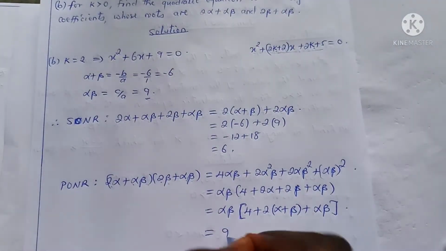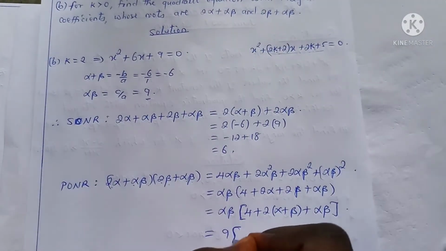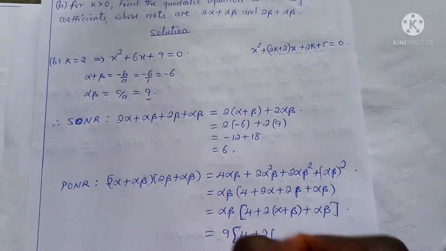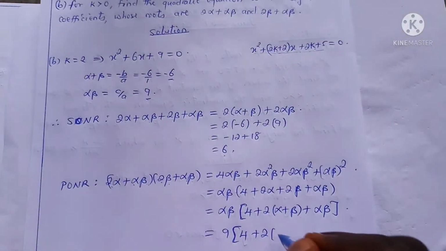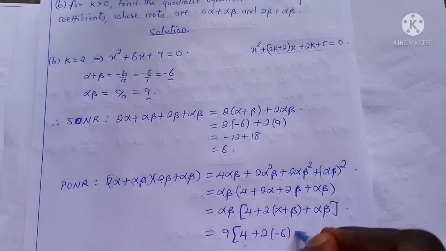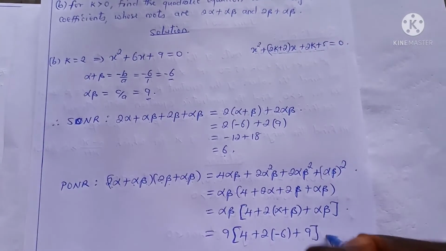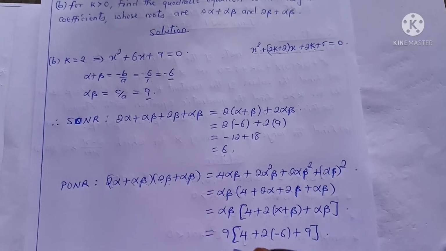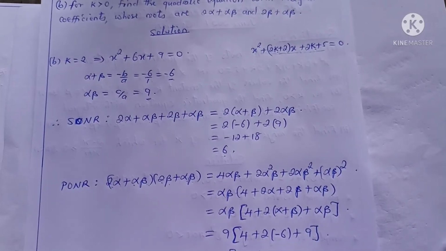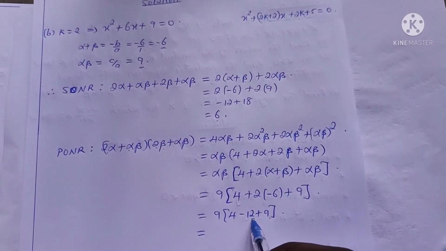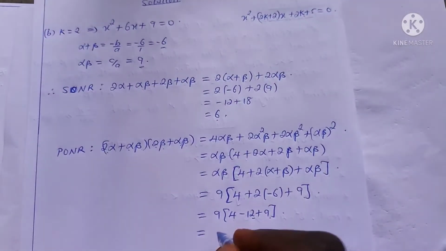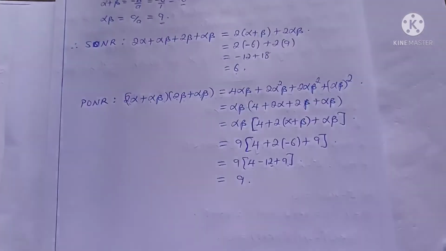So this is equal to 9 into 4 plus 2 into alpha plus beta, which is negative 6, plus 9. So this is 9 into 4 minus 12 plus 9. We know 4 minus 12 is negative 8, and negative 8 plus 9 is 1. So 9 times 1 is just 9.